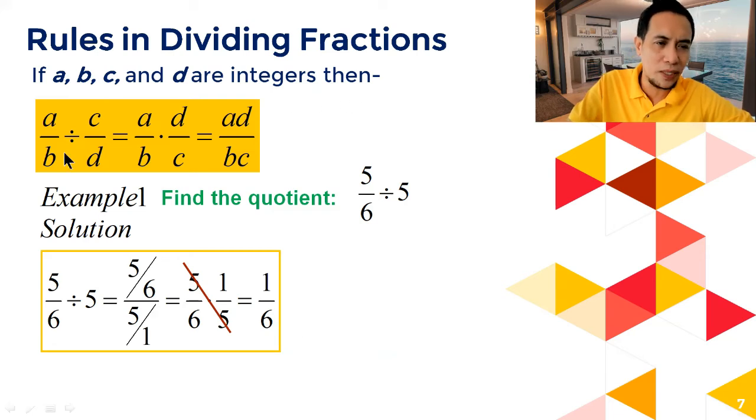We have this rule: A over B divided by C over D, the answer would be A over B multiplied by the reciprocal of C over D, which is D over C. So a number A over B divided by C over D is equal to a number A over B times the reciprocal, or the multiplicative inverse, of the other number. And then you apply the rule for multiplication: A times D, that's AD, B times C, BC, or you apply the cancellation process.